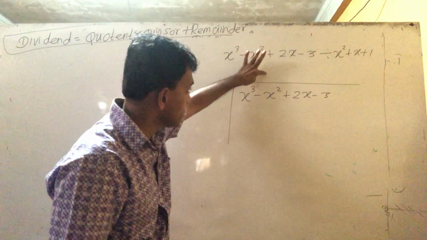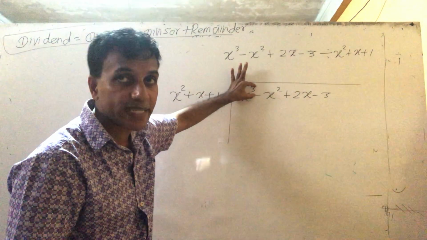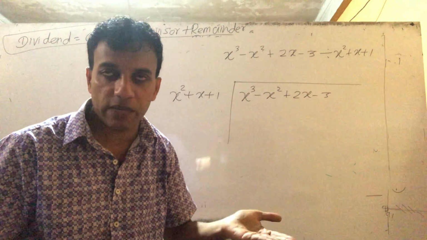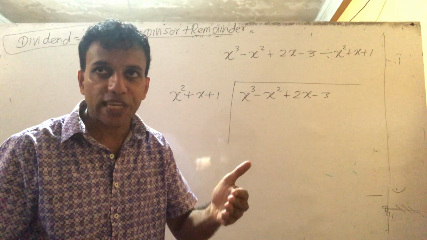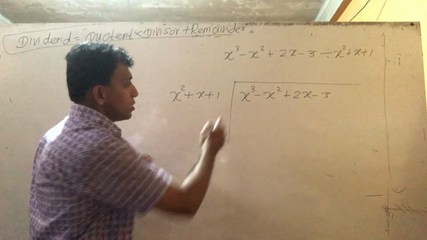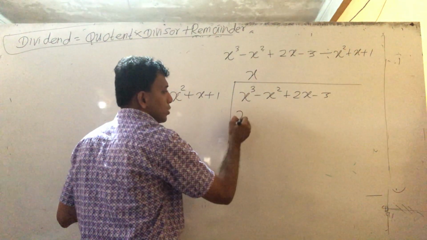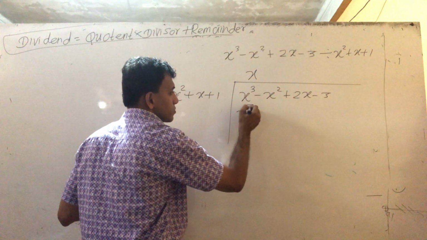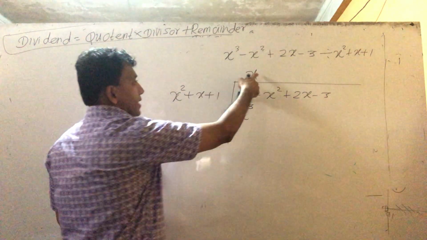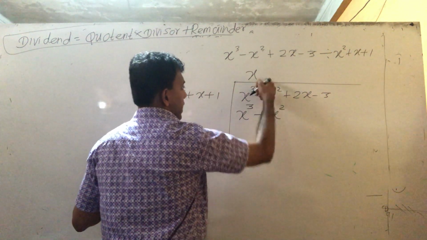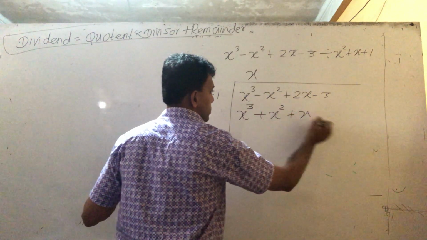Because this into this multiplied gives you x cubed. Therefore the answer is of the pattern ax plus b or px plus q. So here write x into x square, x cube, x into x square, x into 1x, right?